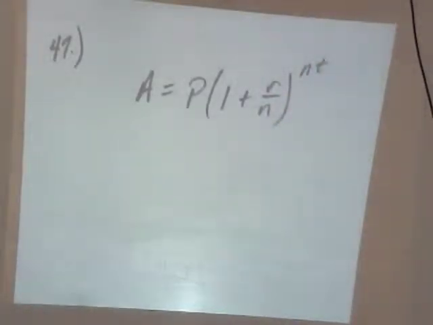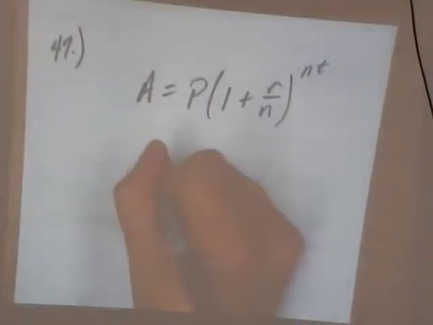All right. So where's the 600 go? 600 goes for P.